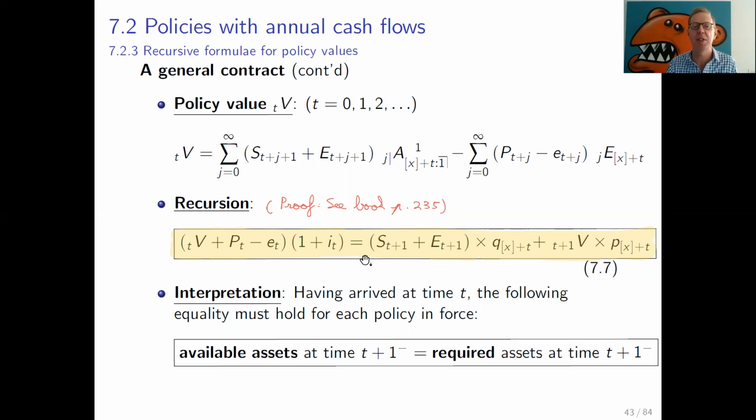So the right-hand side of this recursion is indeed the required assets at time t+1 minus. And the backward recursion, the way we can calculate Vt from Vt+1, is in fact very easy to interpret as equality between available assets and required assets at time t+1 minus.